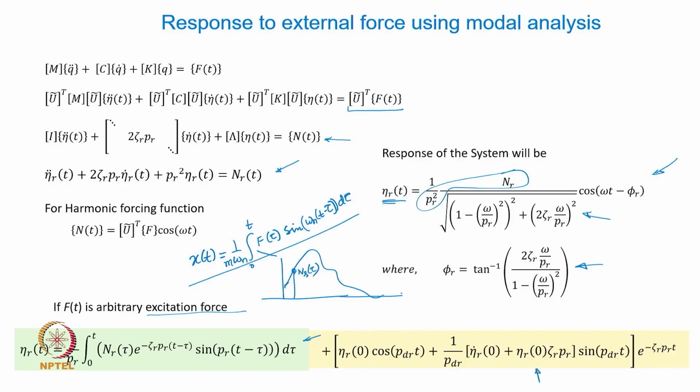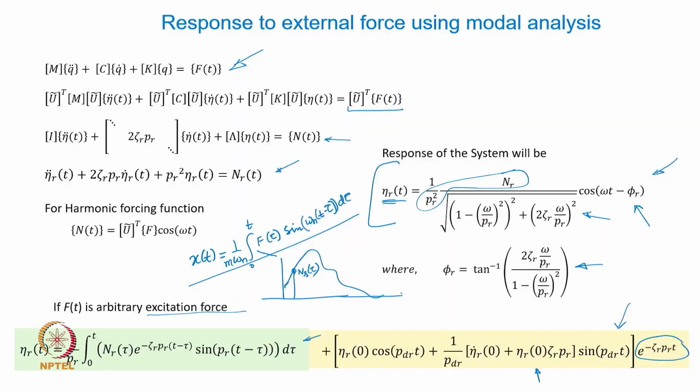You must understand that this is only the response due to the steady state condition, but the actual solution of this equation, if you recollect, has a transient part and a steady state solution. The steady state solution will be obtained from this expression, but the initial transient because of initial conditions will have to be included if you want to express the entire total response.